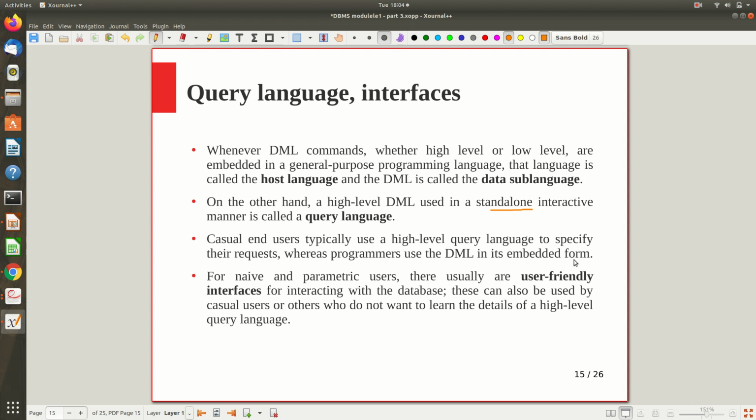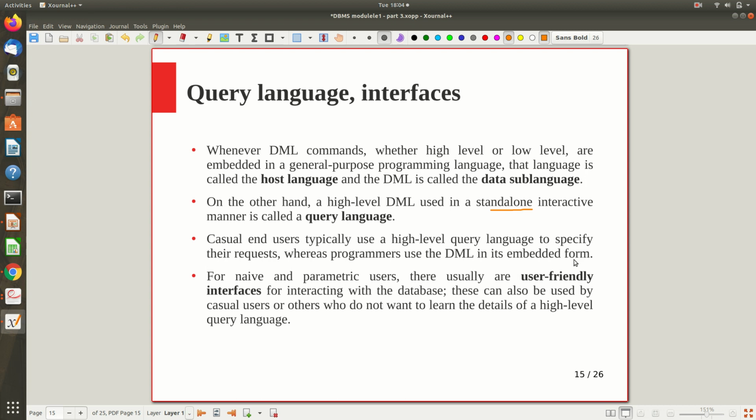Now a naive or parametric user, who has no idea about the database but wants something from it, needs a very powerful, user friendly interface. That is the relevance of an interface. The interface hides all the implementation and database related details, and through that very user friendly interface, the user interacts with the database.